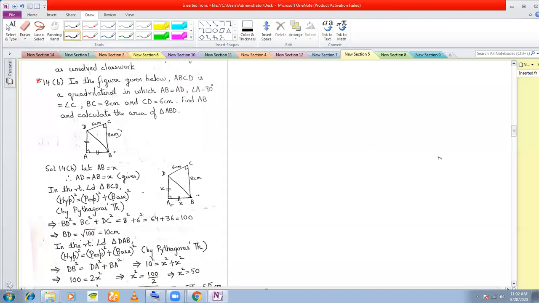So we consider this right angle triangle. In triangle BCD, you have BD square is equal to BC square plus DC square. Okay, BC square is 8 square and DC square is 6 square.